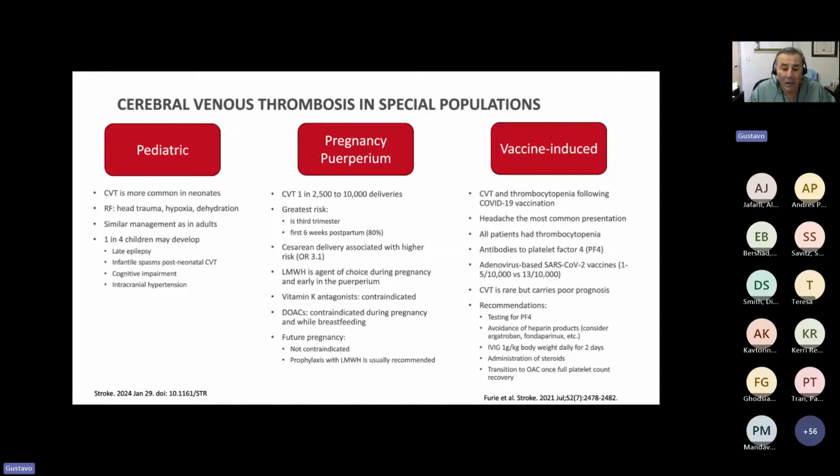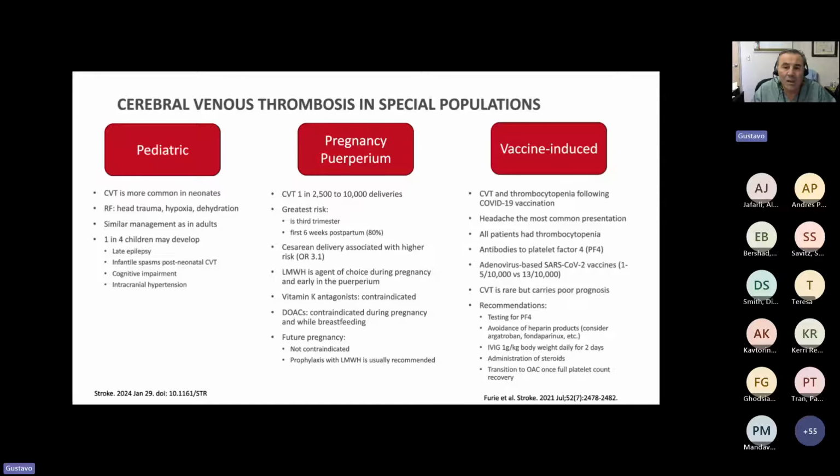So unfortunately, the only option is using low molecular weight heparin as the drug of choice. Some people may require prophylaxis for high-risk pregnancies or for someone who has had a cerebral venous thrombosis in the past. Remember, as part of the counseling, a previous history of cerebral venous thrombosis during pregnancy is not a contraindication for future pregnancies. This is very important for counseling.